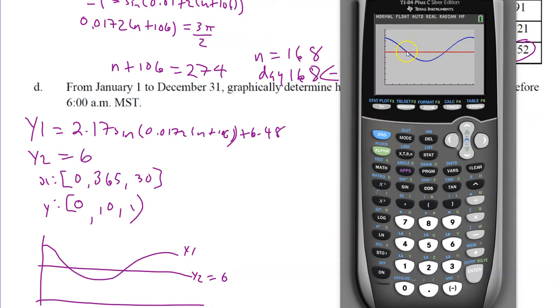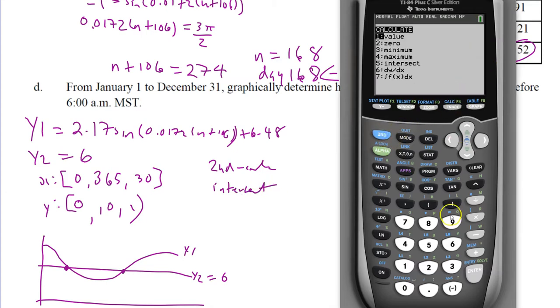And what we now need to do is find the intersections, right? So we need to find out which day is this and which day is this. So we're going to do a second calc intersect.